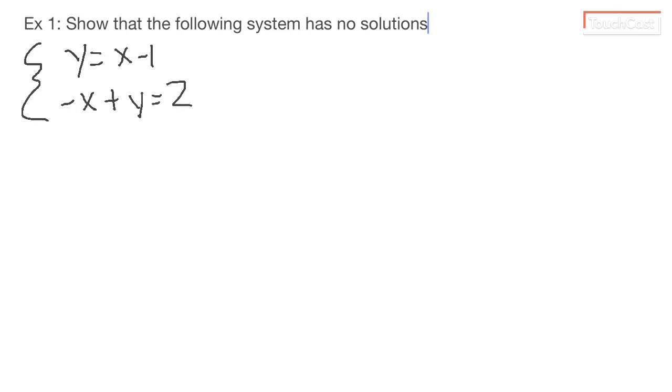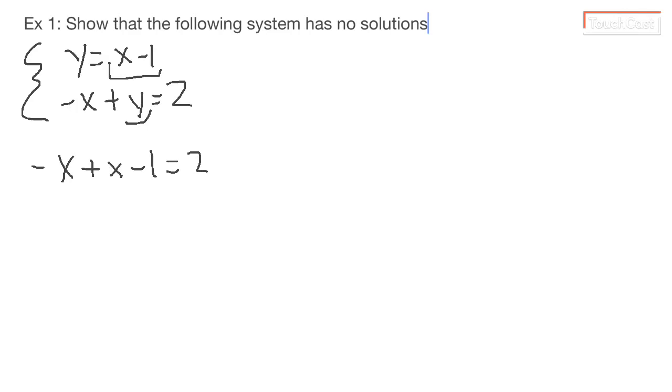Now, from our previous videos, we learned that if we have at least one equation solved for one variable, we can use the substitution method. So let's do that. I'm going to replace y in the second equation with x minus 1. So I'm going to have negative x plus x minus 1 equals 2.